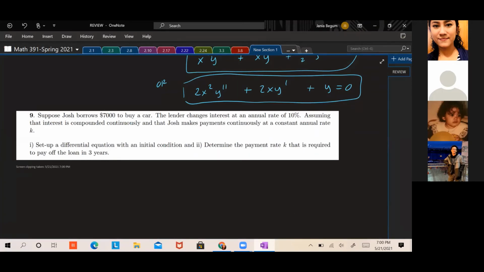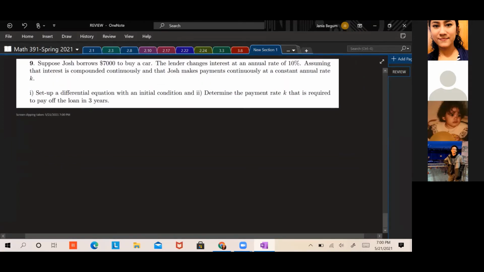Now this is a compound interest problem, right? Wouldn't that 7,000 be the initial value? S0, right? Yeah, so that's the initial condition. So you're starting with this much amount.